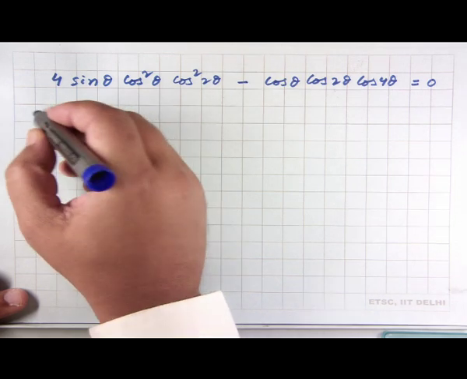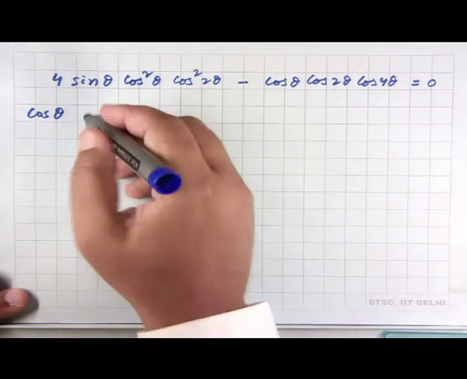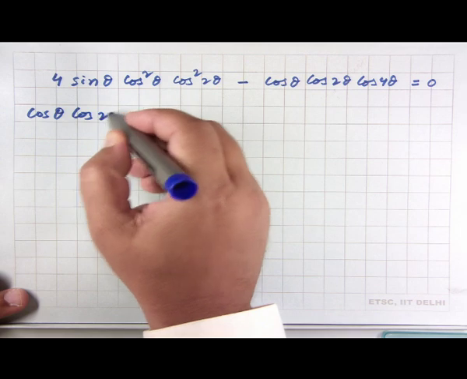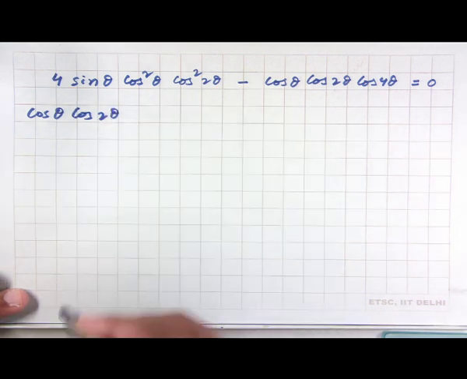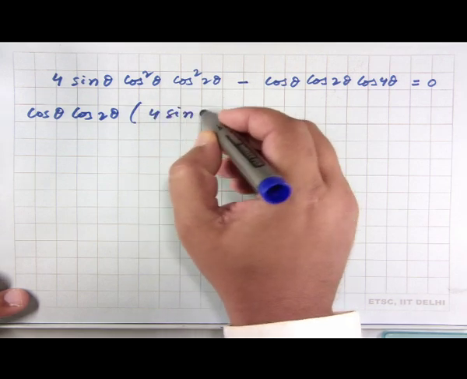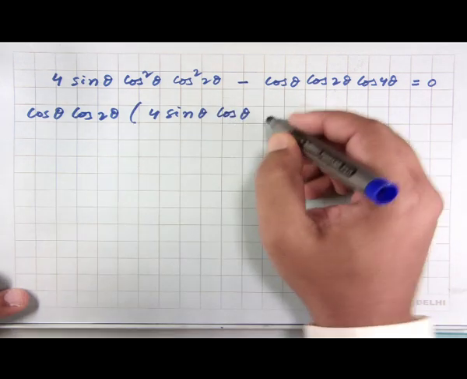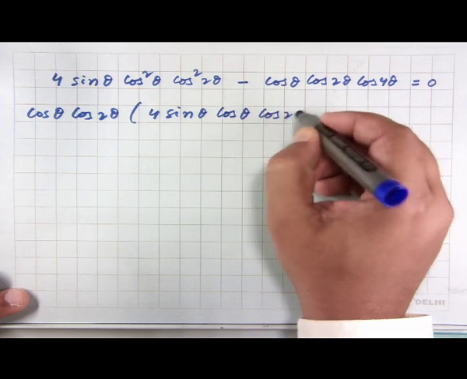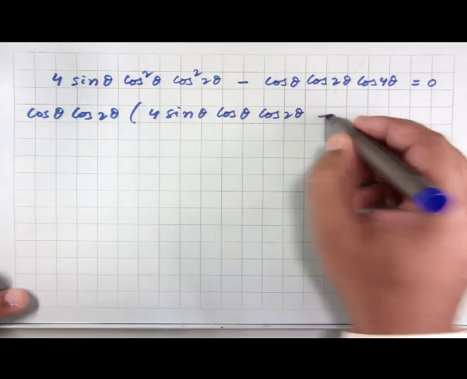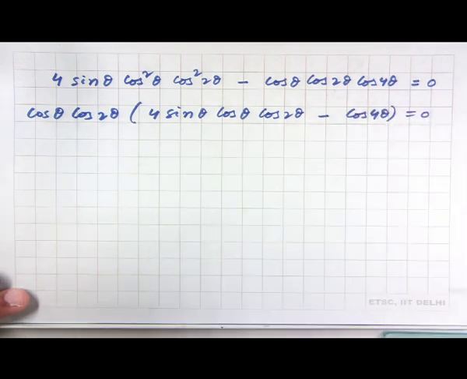So what we get at the end is cos theta is a common term here, cos 2 theta is also common. So we take both of them out, and then we have equals 0.